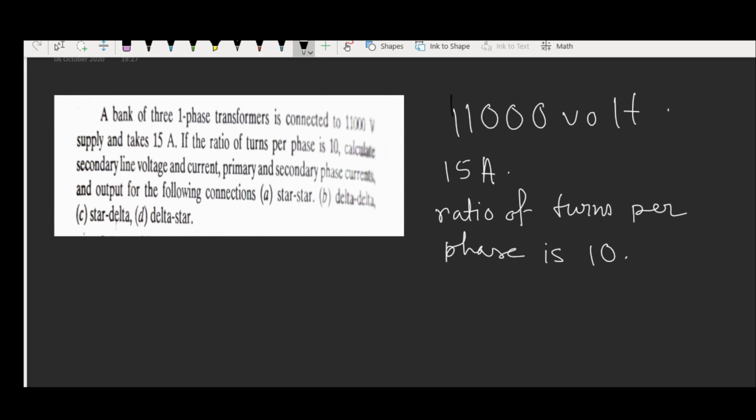See here, first of all, four configurations are mentioned: star star, delta delta, star delta, delta star, right? So let us start with one, that is star star. It can be Yy0 or Yy6, but that won't matter. So what is primary phase voltage?